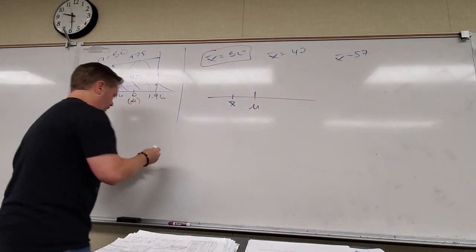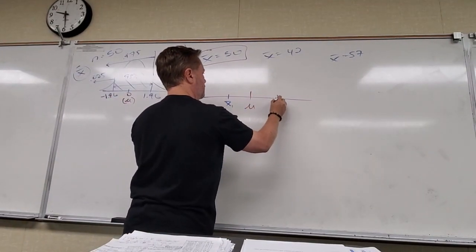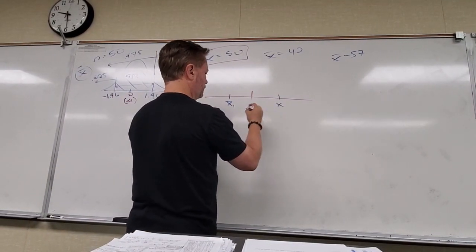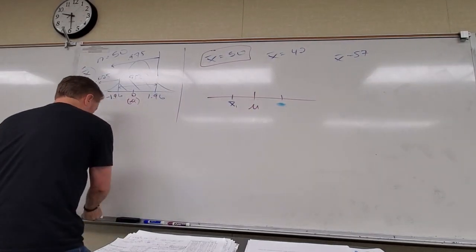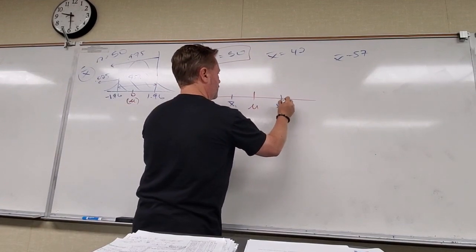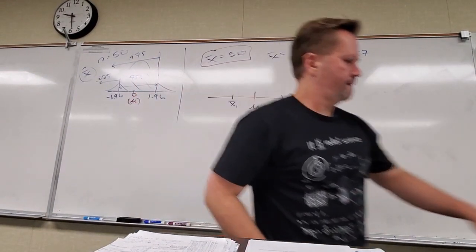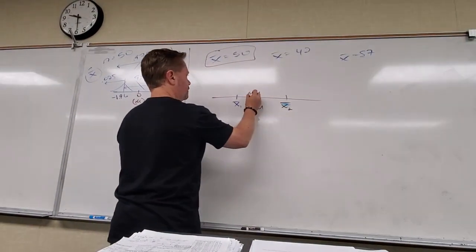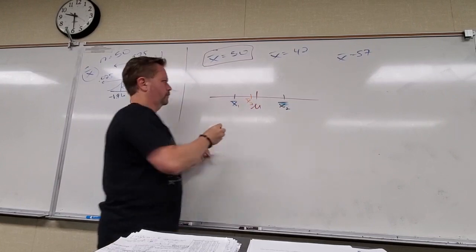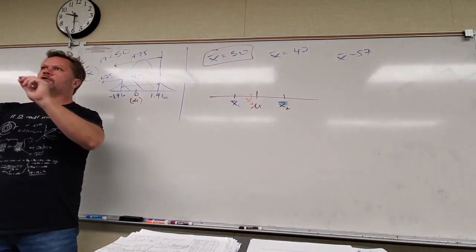So they come out and take a sample, some other group comes out, say that's X bar 1. Another group comes out and they get a sample, and another group comes out and they get a sample. Okay. What we do is we do this.